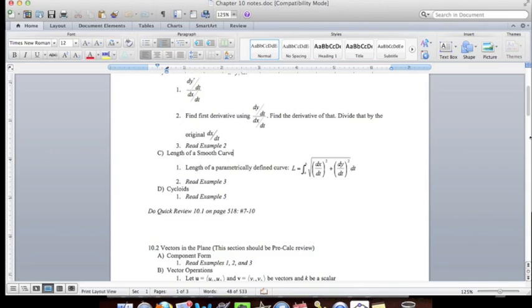Back when we learned the arc length formula, which is hopefully still there somewhere, we learned that arc length is the integral from A to B, our two constraints, of the square root of, and then we had 1 for one of those things. And the reason why we had 1 was because we were taking our derivatives in terms of x or in terms of y. So dx is just 1.